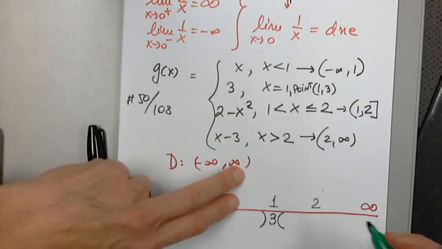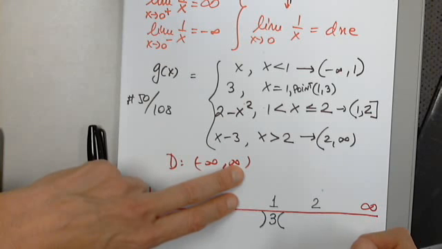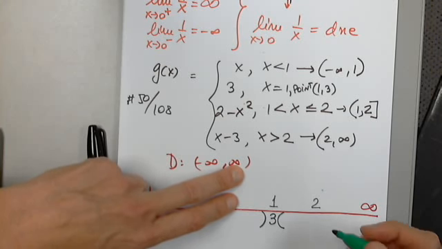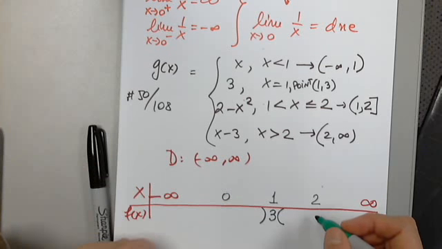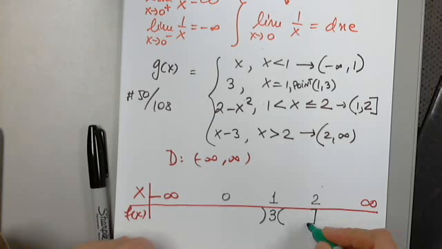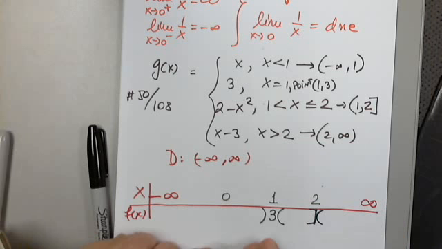Now, what happens under 2? Can anyone tell me what to present under 2? Perfect. A bracket to the left and a parenthesis to the right, and they are touching because there is no number in between like I had here.